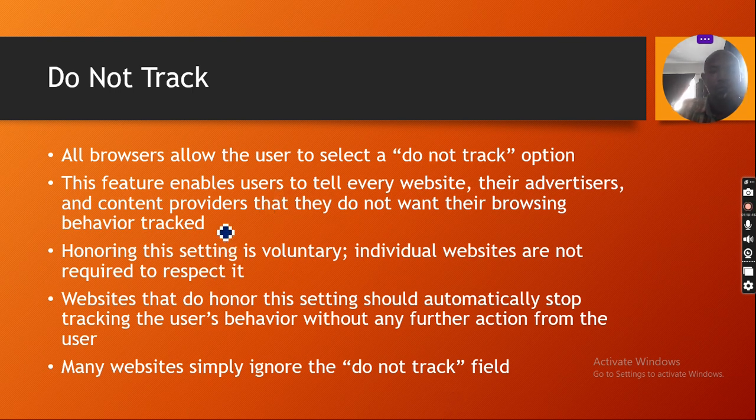They provide this do not track capability, showing that you don't want anyone, whether cookies, fingerprinting or any other technology, to track your devices, because we've talked about tracking devices just now. Honoring this setting is voluntary. Individual websites are not required to respect it. Sometimes they do not respect it, so people may not listen to you. They can still go ahead and track you.